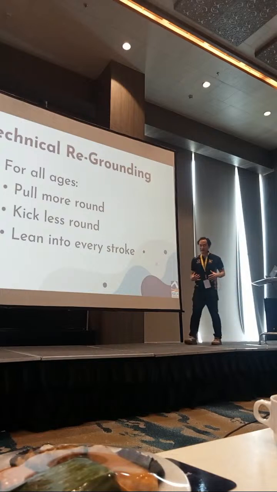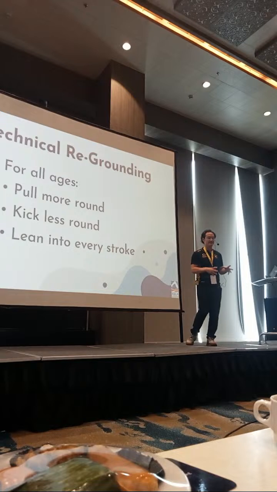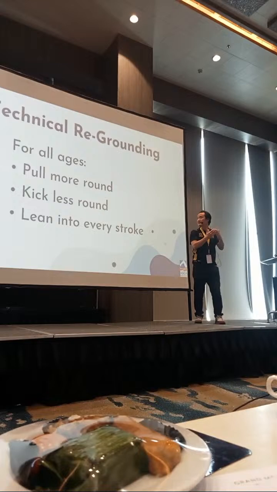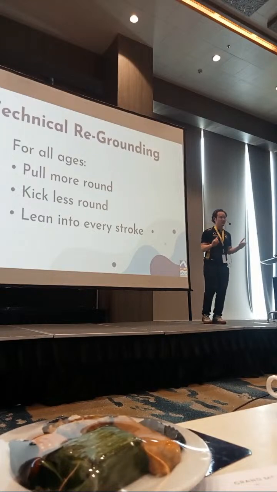If I were to simplify for all ages what the stroke should be, the foundations of breaststroke, it's pulling more round, so like a circle, pulling more round, kicking less round. In the US, oftentimes it's kicking like this. No. Kicking less round.